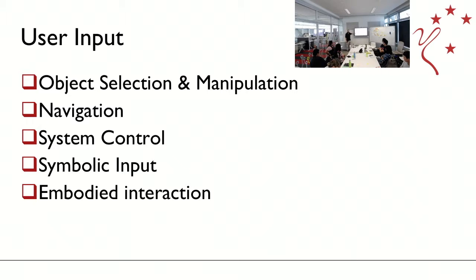And then embodied interaction is, how do I represent myself? So how do I show my avatar? On social media we have a little bit of this, like here's my picture, my icon, and things like that. That lets other people know something about me, and it may or may not be me. It may not even be a person.